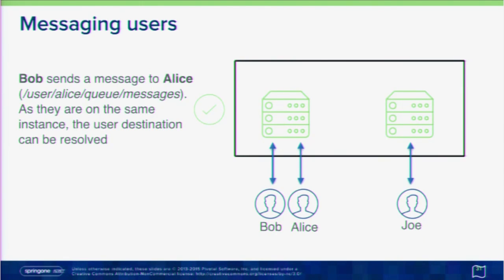It will go through, because that instance knows about Alice, knows about that connected user. It knows about that session. So the user destination will be resolved, and eventually Alice will receive that message.